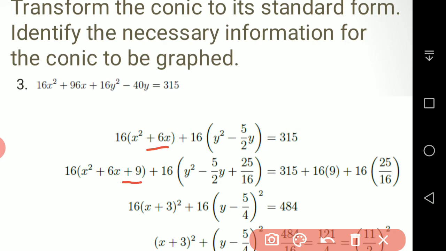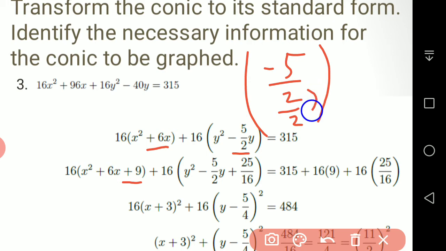Negative 5 over 2 divided by 2, that's negative 5 over 4.